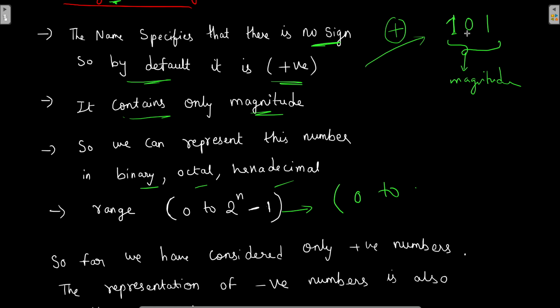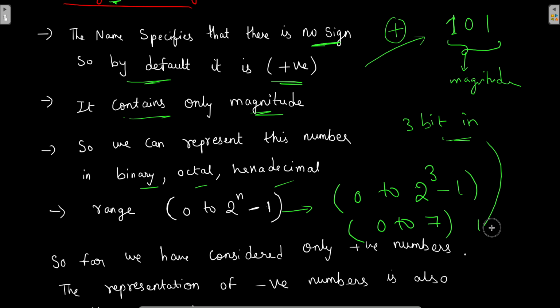Let's consider 3 bits: 2 power 3 is 8, minus 1 is 7. So the range for 3 bits in unsigned binary representation is 0 to 7.